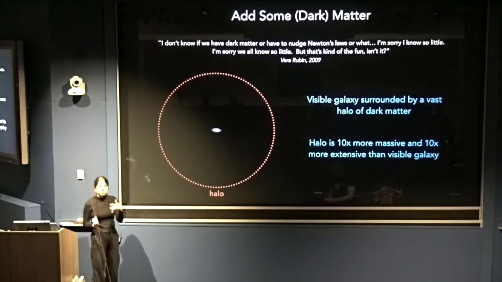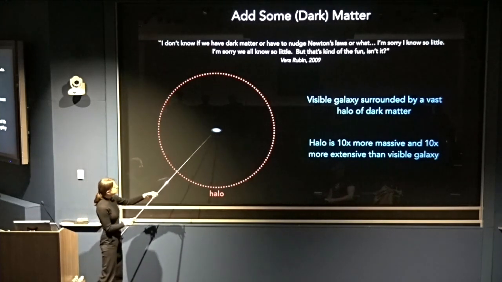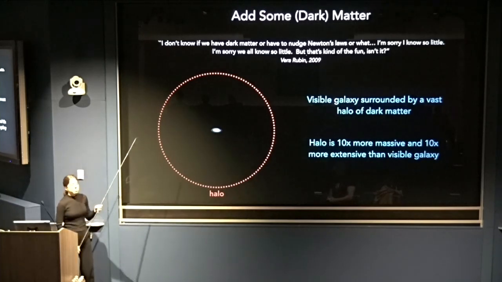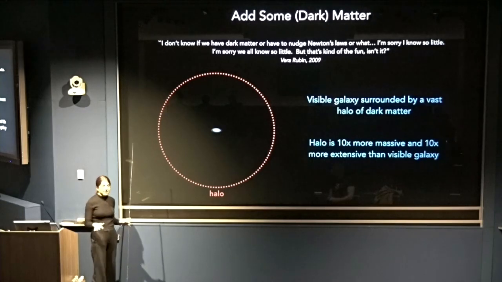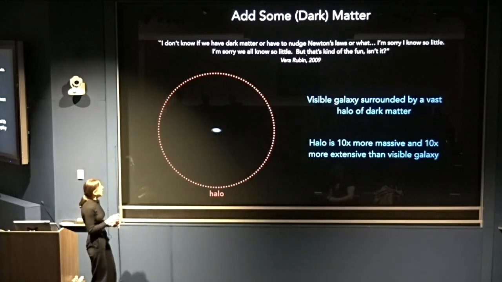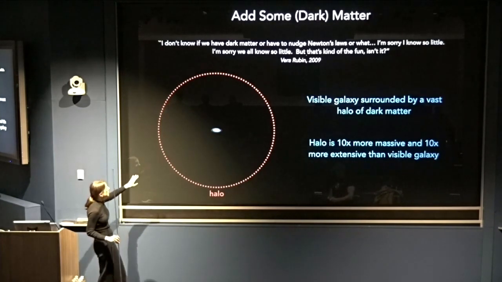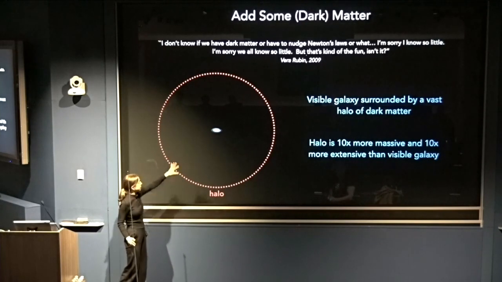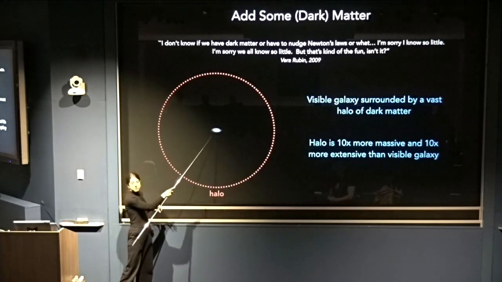So in the way we think about it, here's the visible part of the galaxy, and it's surrounded by a bunch more mass that we can't see. And there's a lot of it there. I mean, really a lot of it. I tried to draw this to scale, but I don't think I quite achieved it. The amount of mass that would be in this big halo, we call it a halo, is about 10 times more than the amount of mass that's in this disk.